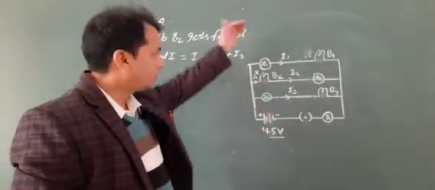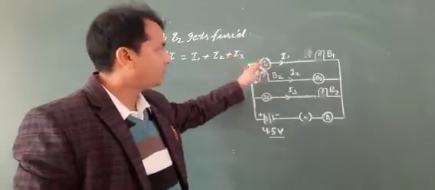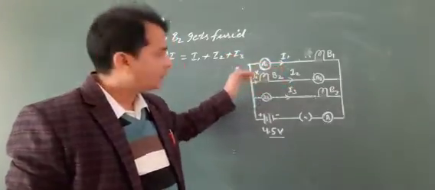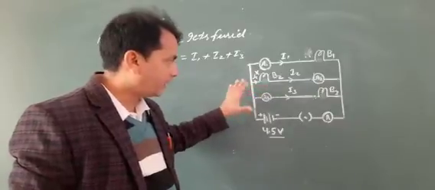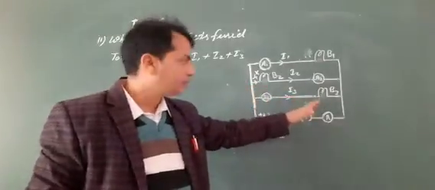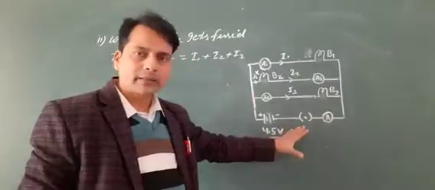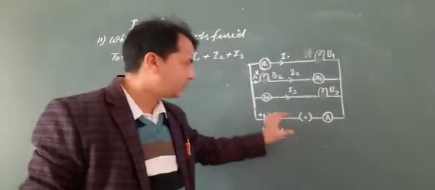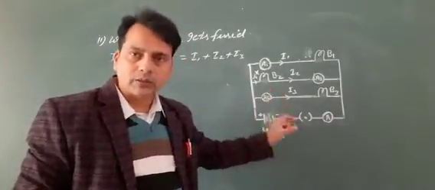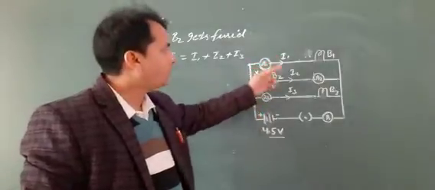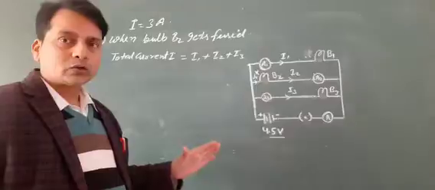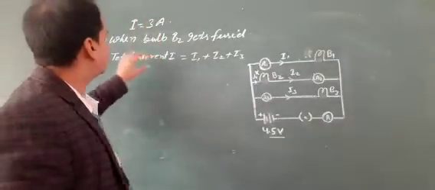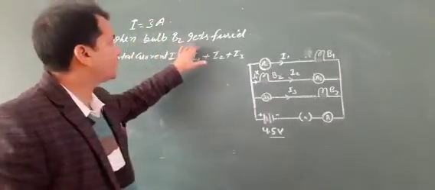Here the current I1 flows across B1, current I2 flows across B2, and current I3 flows across B3, and the total current is 3 ampere. So total current equal to I1 plus I2 plus I3. According to this question, the bulb B2 gets fused.